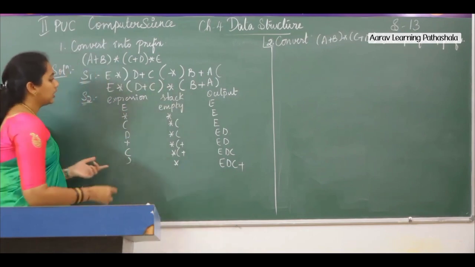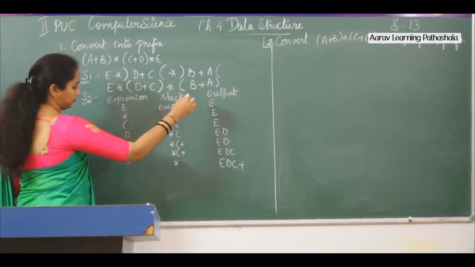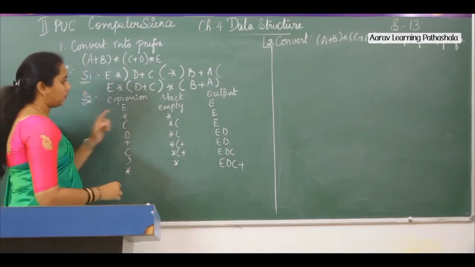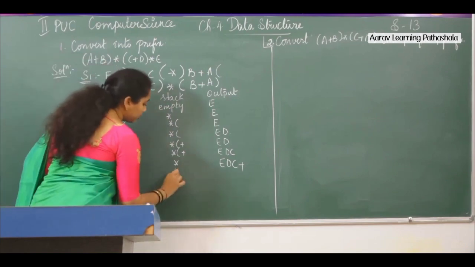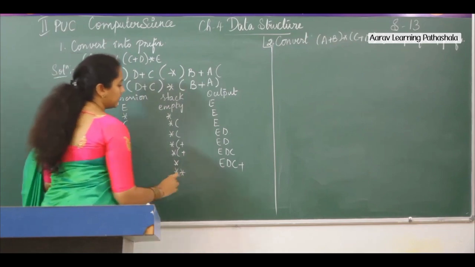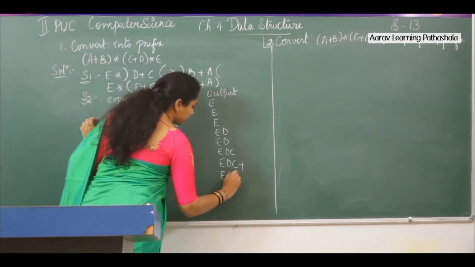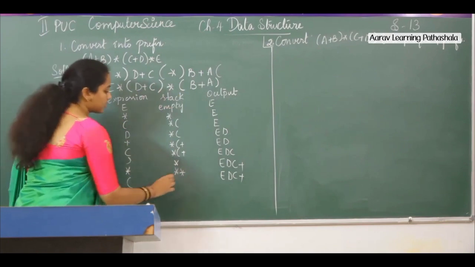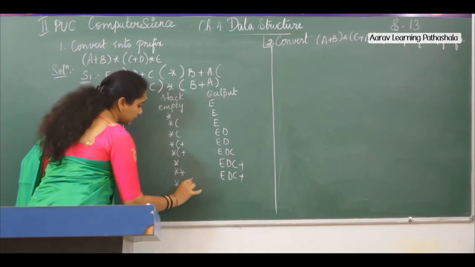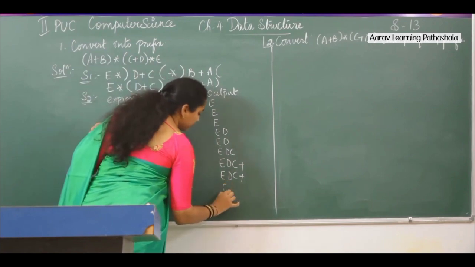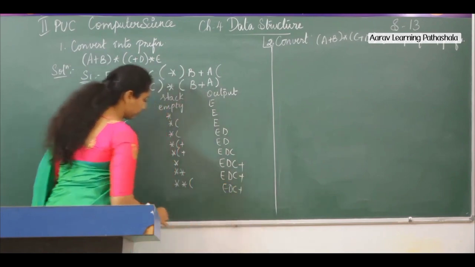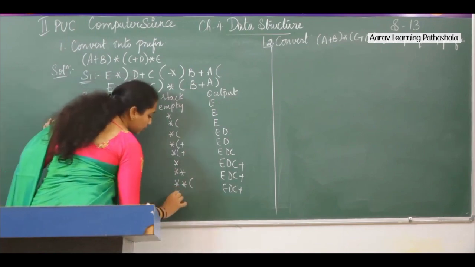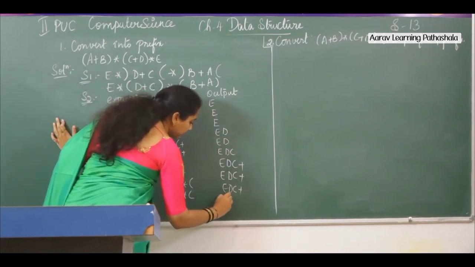So now the next is multiplication operator. So I am going to push it into the stack. Next is opening parenthesis, I am going to push it into the stack. Next is an operand, I am going to output this operand.